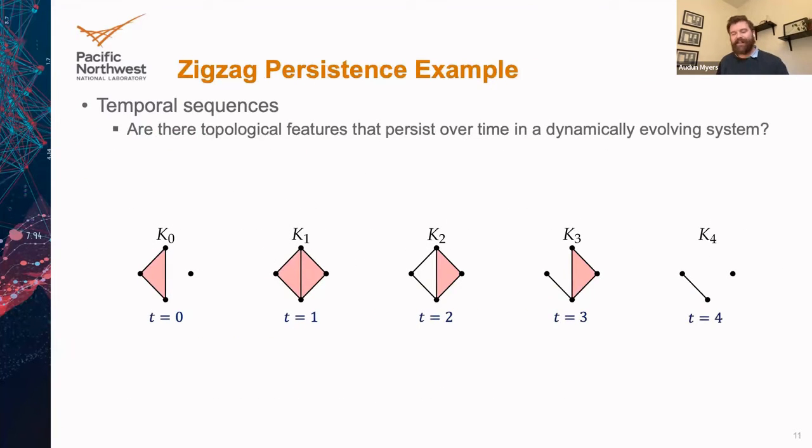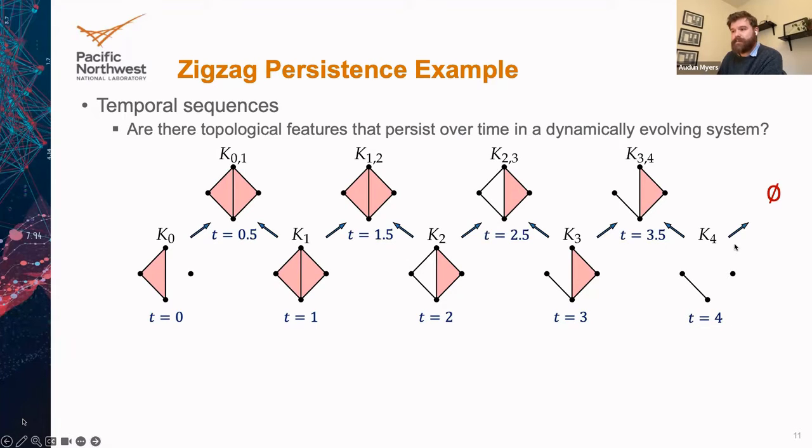So now let's actually go over a quick example of how this could be applied to a sequence of abstract simplicial complexes, and what it means for these features to persist over time. Here I have a sequence of 5 abstract simplicial complexes at time 0, 1, 2, 3, and 4. And I can take my unions, right?